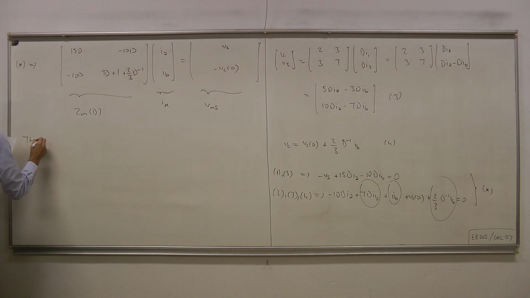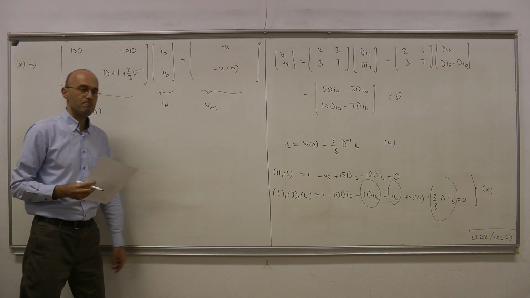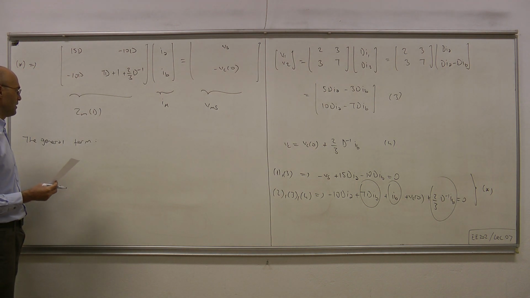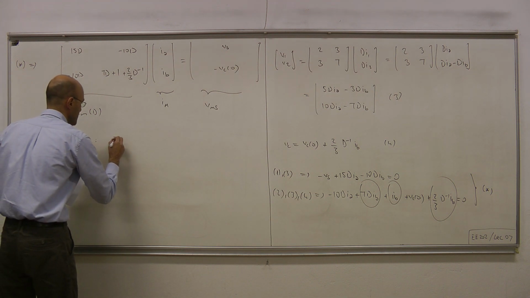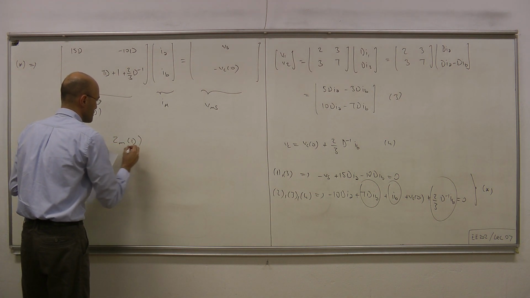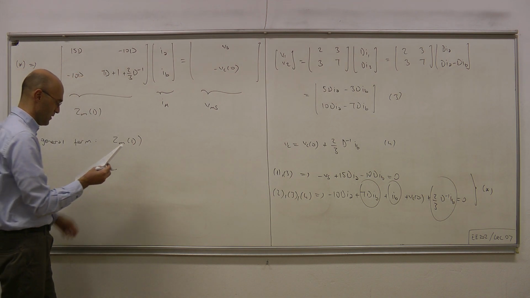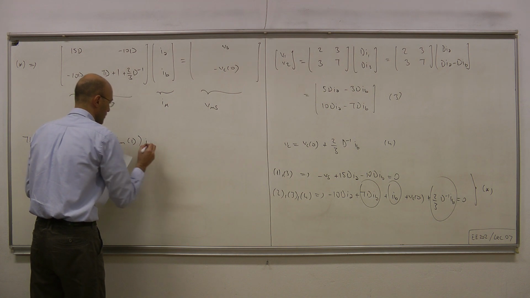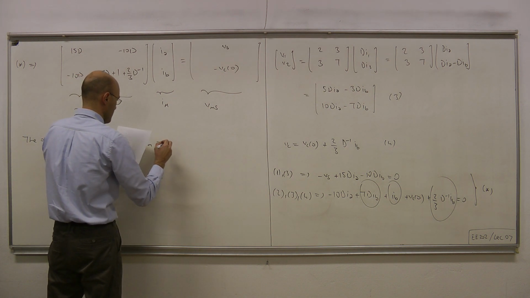So the general form that we want to obtain with mesh analysis is therefore this, some square matrix whose entries are functions of operator D multiplying the formulation variable vector equals VMS.